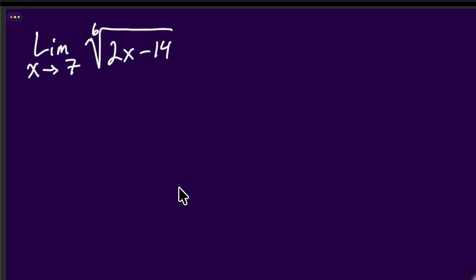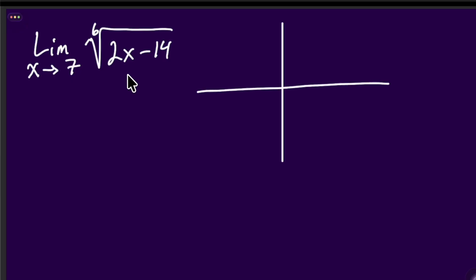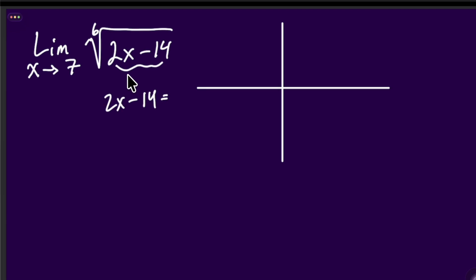So for this limit, this is a two-sided limit. It's a standard limit, and we have an even radical function. So folks, we have to remember that the domain of this even radical is limited. So if we set the radicand equal to 0, we're going to find that x equals 7 is going to be the vertex, (7, 0) specifically.